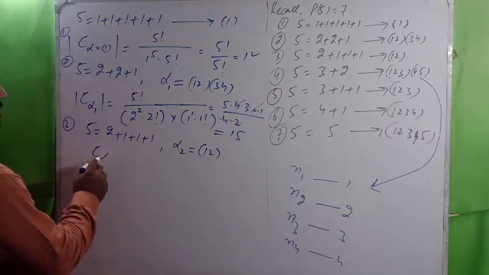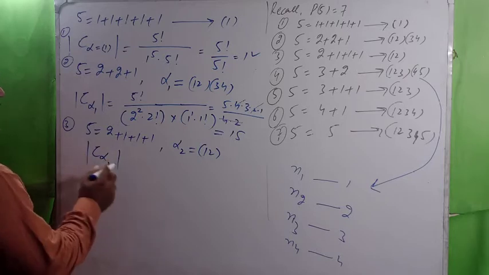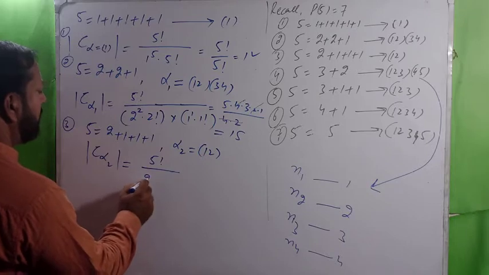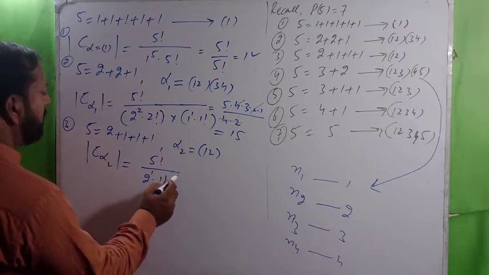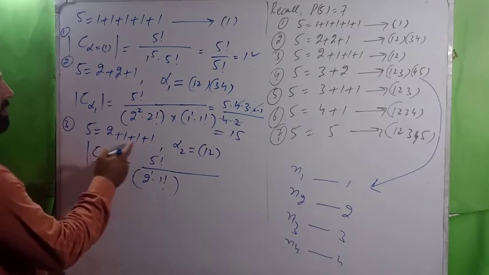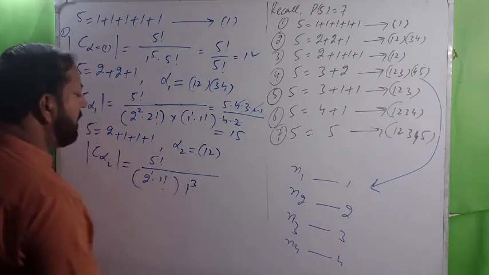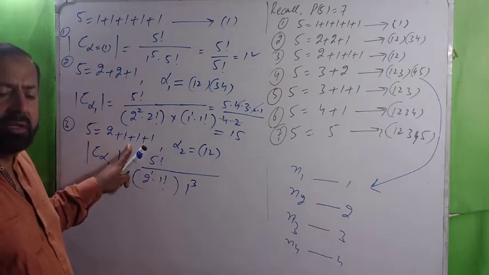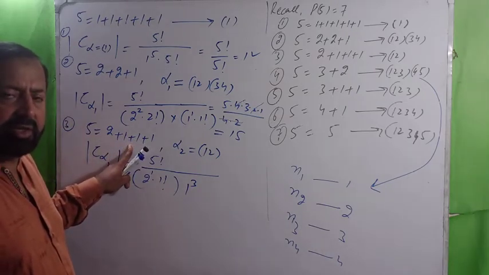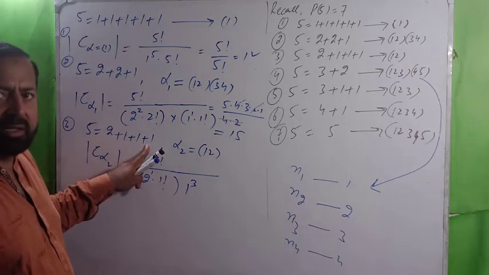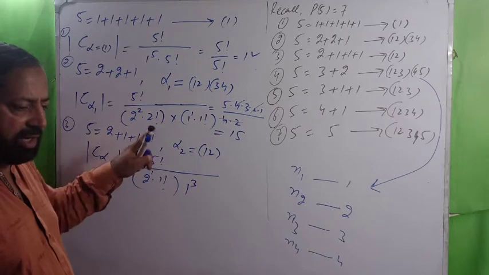So the size of C alpha 2 is equal to 5 factorial over 2 power 1 into 1 factorial, into, now k is 1 and it appears 3 times, so 1 power 3 into 3 factorial. Here aj is the size, or ak is the size, we have used the word ak, right?